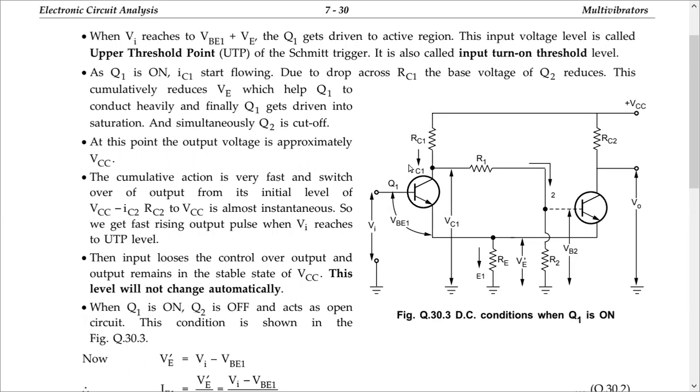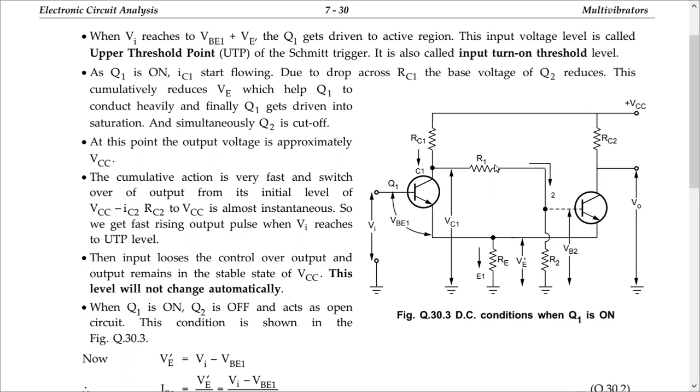Heavy current will flow through RC1, so the drop across it will be more, and VCC minus this drop is the voltage there.